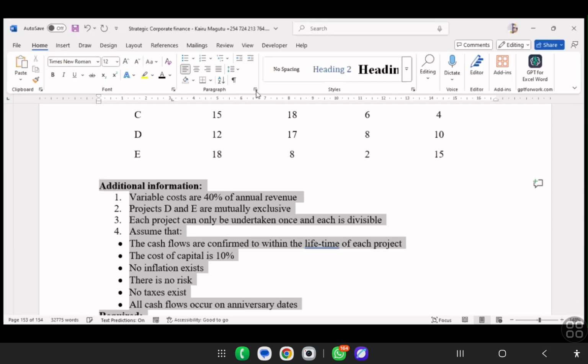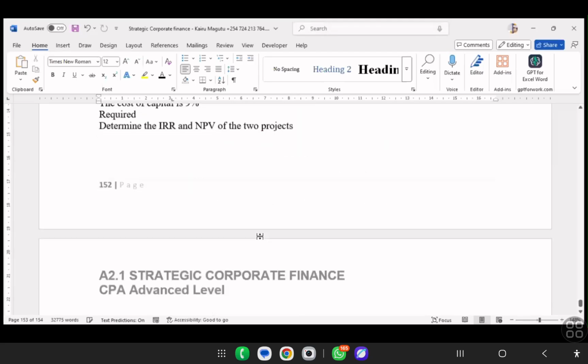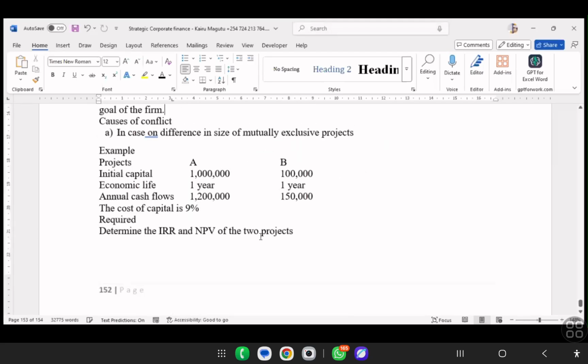Let's look at this small illustration. Here are two projects, Project A and Project B. Initial capital of A is 1 million. At the end of the year, it will have 1.2 million. B is 100. At the end of the year, it will have 150. What is the NPV?